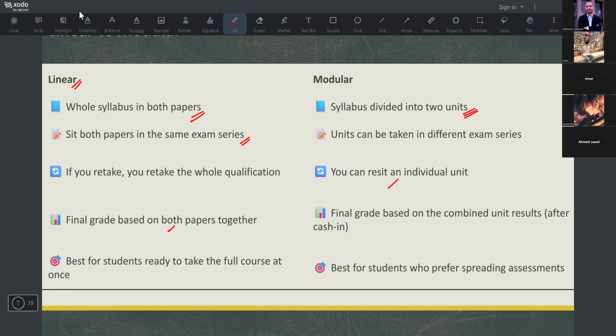In linear, the final grade is based on both papers together. In modular, the final grade is based on the combined unit results. Unit 1 has its own grade and Unit 2 also, so we need to do something called cashing in to combine your results.